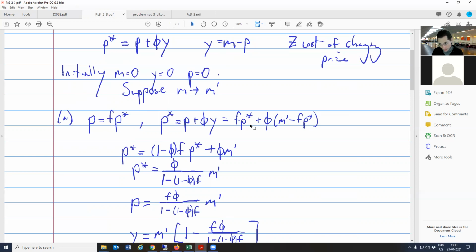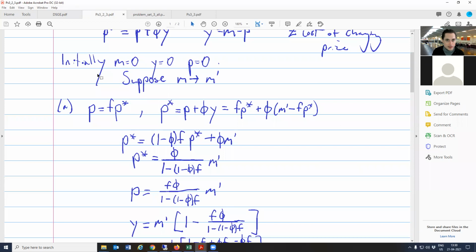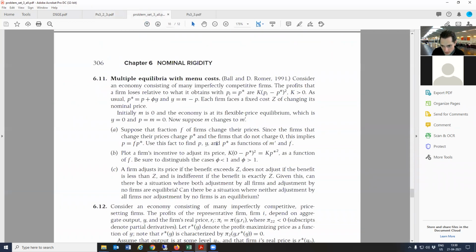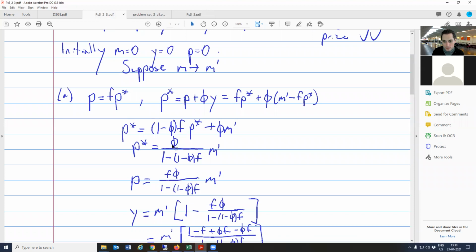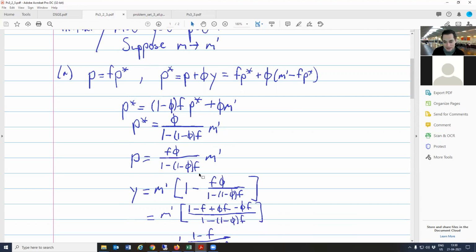Why is this nice for us? You'll notice that we're left with just P star and m prime. So let's solve for P star. That was one of the things they asked for: find p, y and P star as functions of m prime and f. We solve for P star and get this relationship relating P star to m prime and f. So we're done with P star. Once we've got P star, it's easy to get p. It's just P star times f.